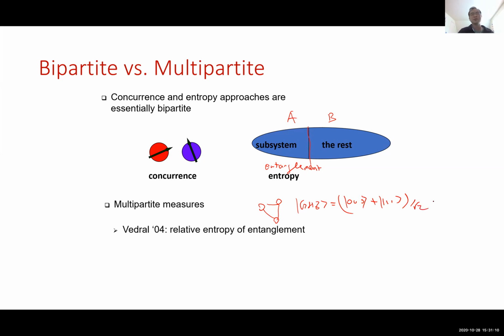So I'm going to introduce two measures because in this context, how do we quantify the entanglement? There are two. One was proposed by Vidal some time ago, and the other is the one that I helped to develop.